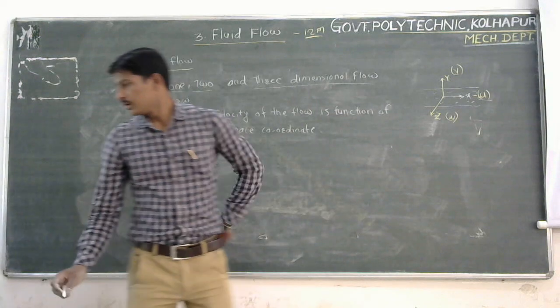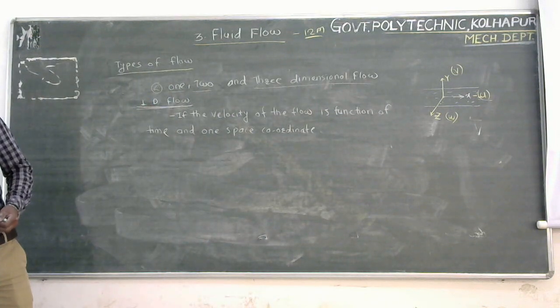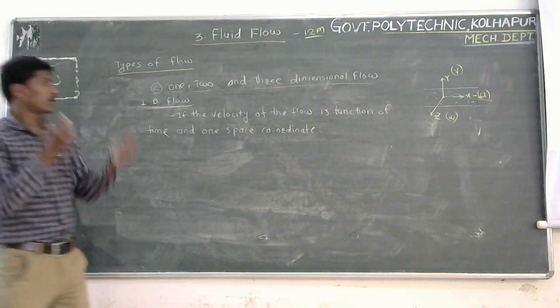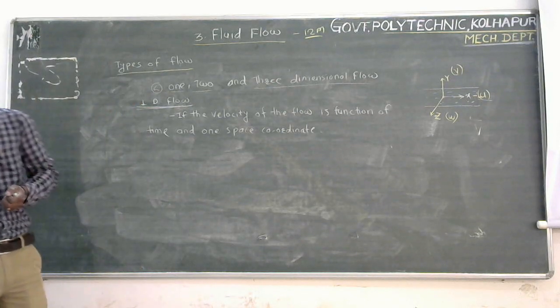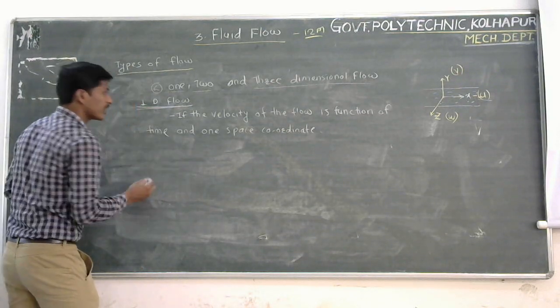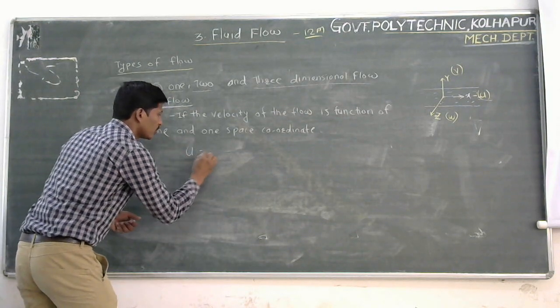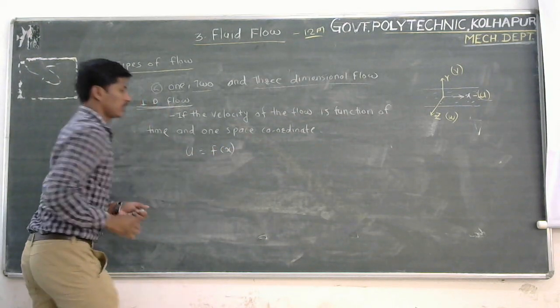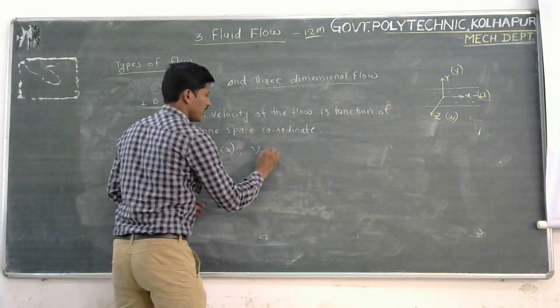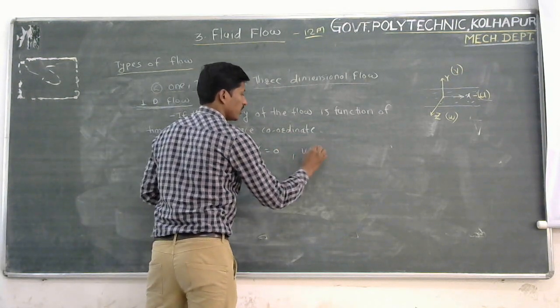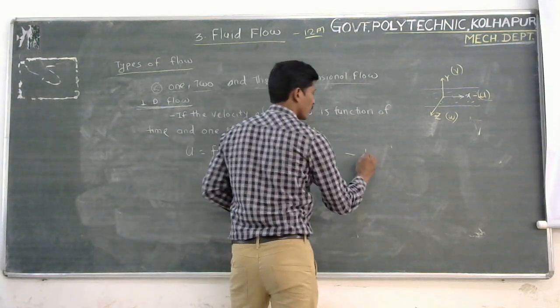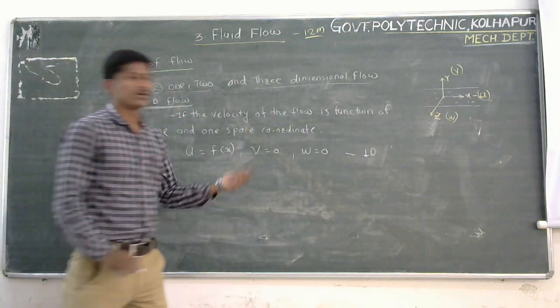Mathematically, u is equal to a function of x, v is equal to 0, and w is equal to 0. Then it is one-dimensional flow.